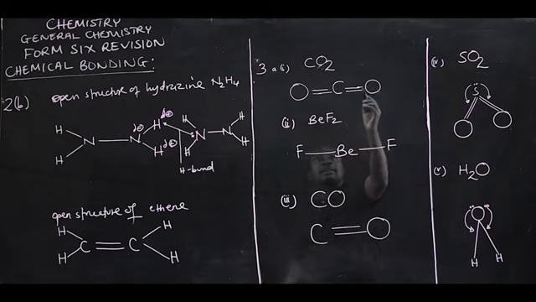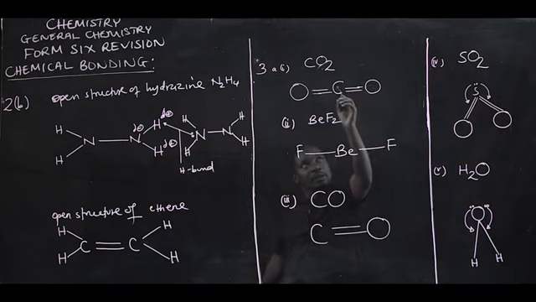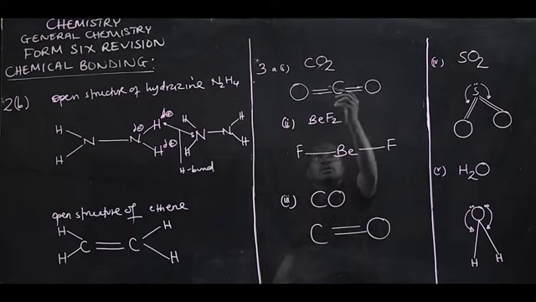The linear shape shows that the force attracting electrons from the central atom, or the force exerted by oxygen withdrawing electrons from carbon, occurs in opposite directions. This results in the two forces of withdrawing electrons from carbon cancelling each other.